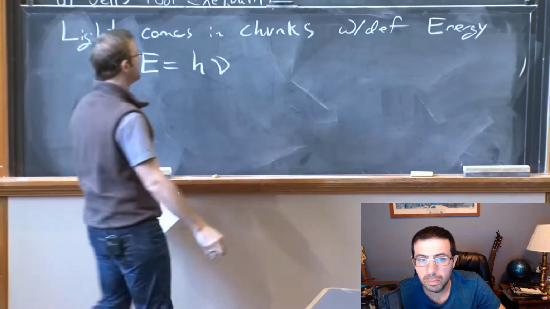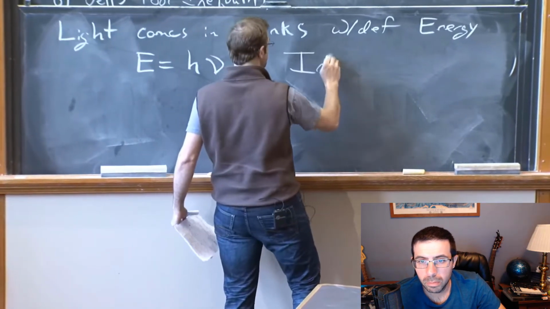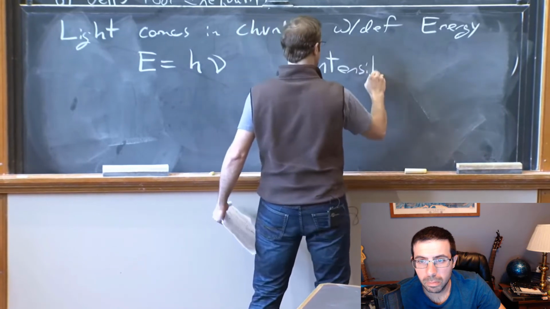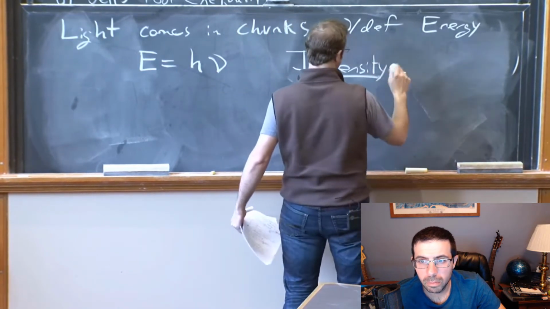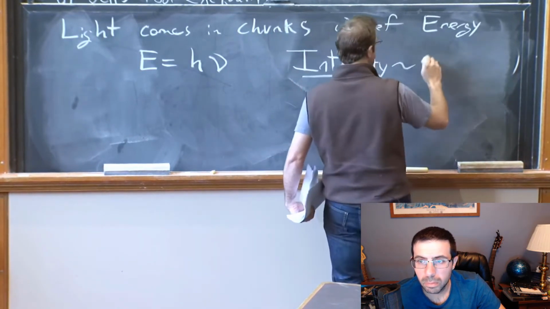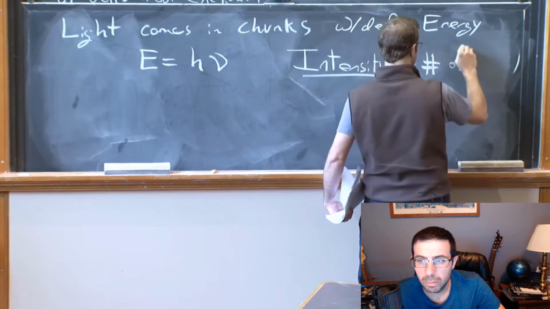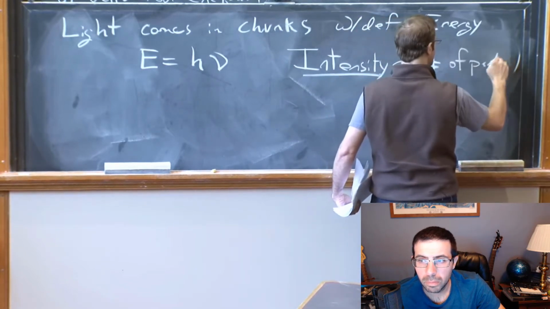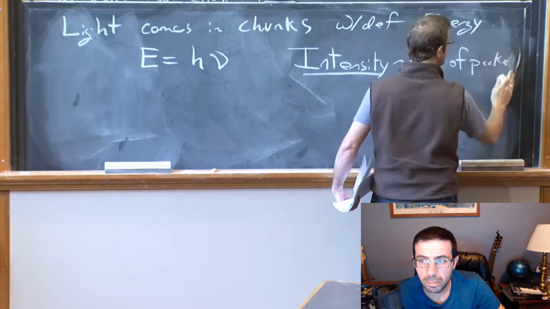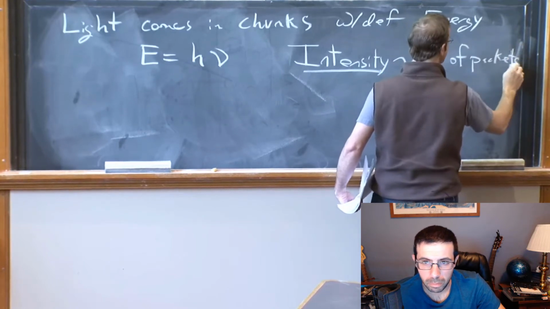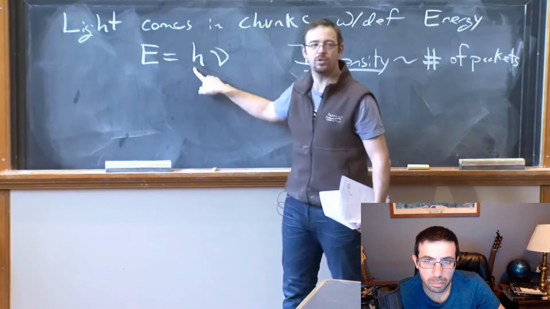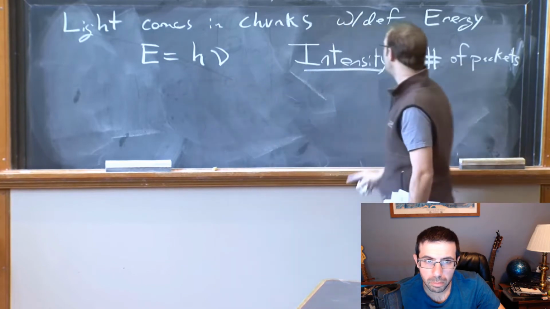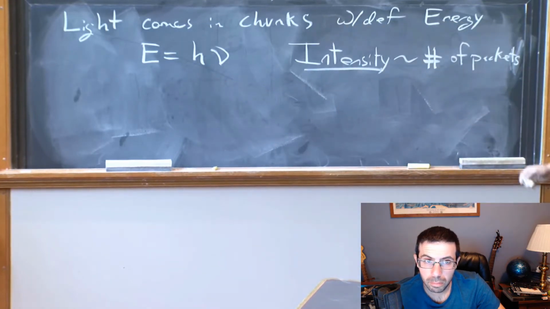Okay? The intensity of light, or the amplitude squared, the intensity is like the number of packets. So if you have a more intense beam at the same frequency, the energy of each individual chunk of light is the same. There are just a lot more chunks flying around.